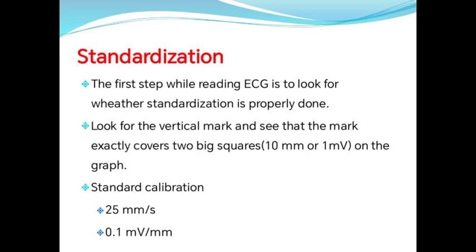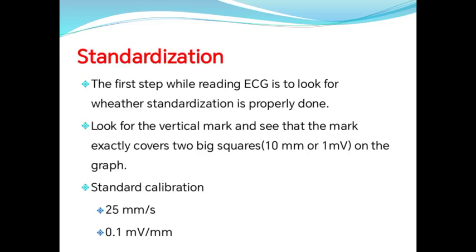So the vertical mark, this is a mark on the ECG. You will see this mark in the ECG. This mark should cover two big squares. That means it's 10 millimeters or 1 millivolt, because one big square equals 0.5 millivolt. That is the amplitude of the ECG on the graph on the ECG paper. And the velocity of the ECG is 25 millimeters per second.